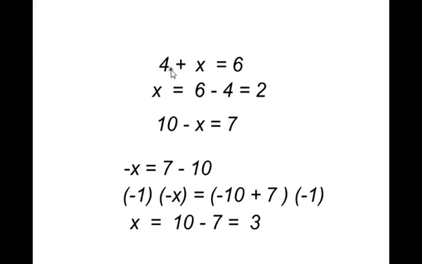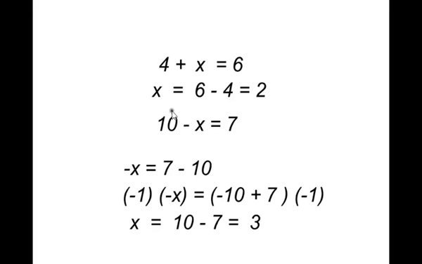All you have to do to get this 4 out of this side of the equation is simply take the negative of it and subtract 4 from this side, 4 minus 4, and then you have to do it on this side too. 6 minus 4 equals 2. So when you put that 2 back into the original equation, by simple head logic, you know 4 plus 2 is 6.